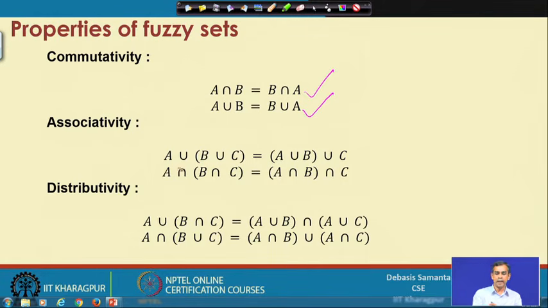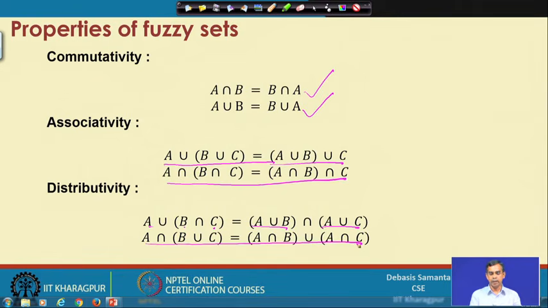Likewise, there is associativity, which means this and this are equivalent. The distributive property also: A union (B intersection C) is the same as (A union B) intersection (A union C). So, A is distributed over B and A is distributed over C. Likewise, for this operation also.